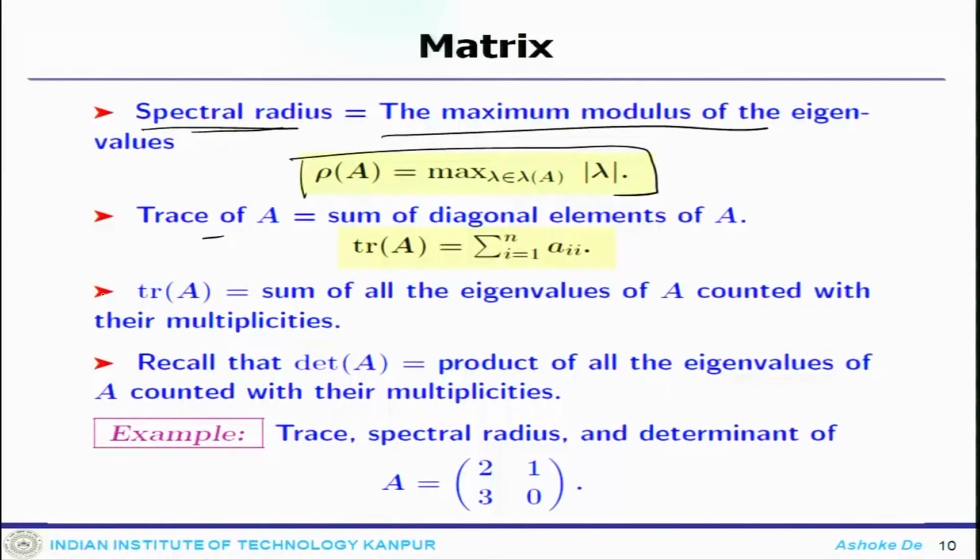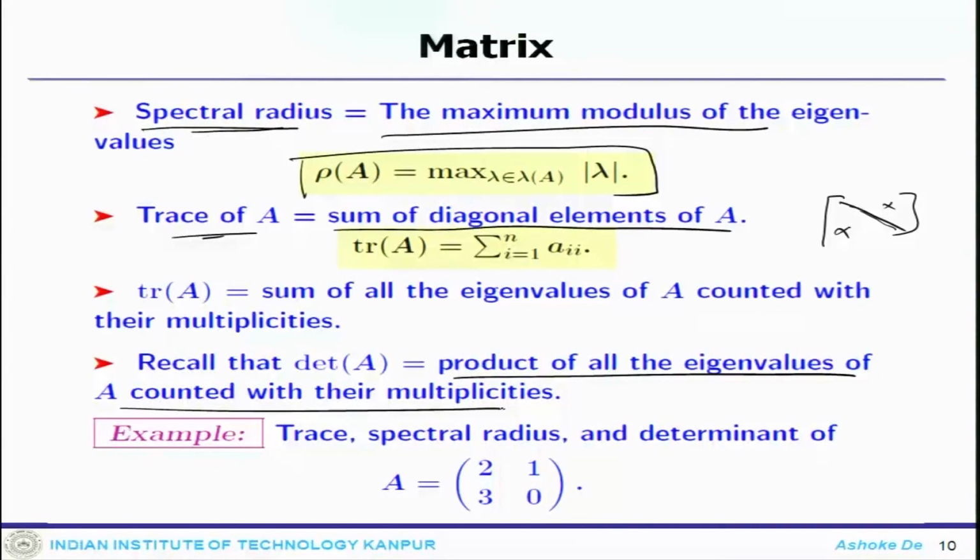Trace of A is written as the sum of the diagonal elements of A. So, if I have A and some diagonal elements sitting there, the trace is the sum of those. The determinant of A would be the product of all the eigenvalues of A counted with their multiplicities.